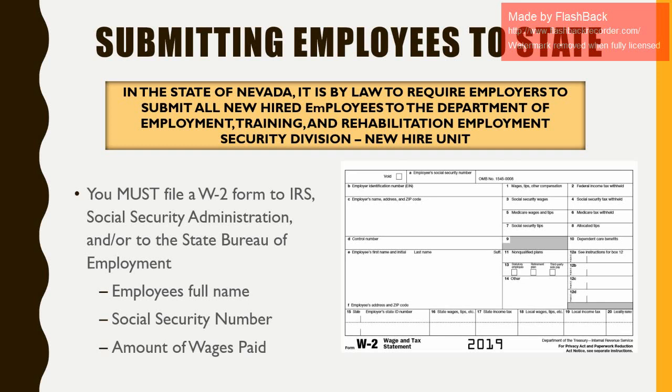Okay, so make sure that in Nevada, every state's going to be different. I don't know what it is in California, but I just know that in the state of Nevada, it's called the Department of Employment, Training and Rehabilitation. Okay, and you need to submit to them a W-2 form to the IRS that gives a list of all the new employees that you have in your company, and each one is going to have their social security number.